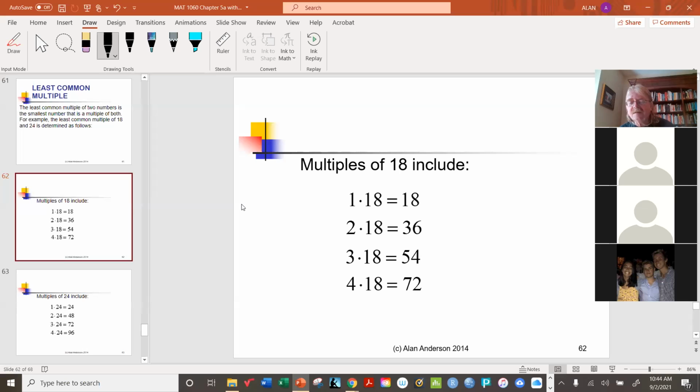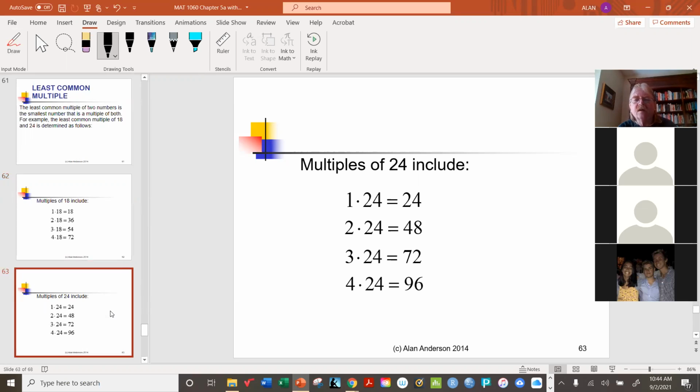I could do 5 times 18, 6, 7, 8, etc. Okay, so what about 24? Let's take a look at 24. These would be the first 4 multiples of 24. And what we would like to do is take 2 numbers and figure out what is the smallest multiple that they share or have in common.